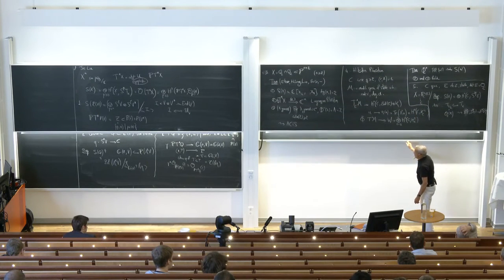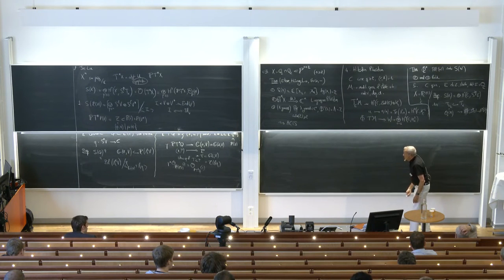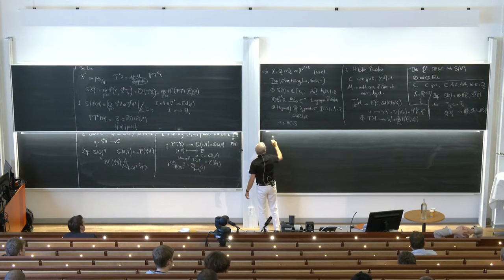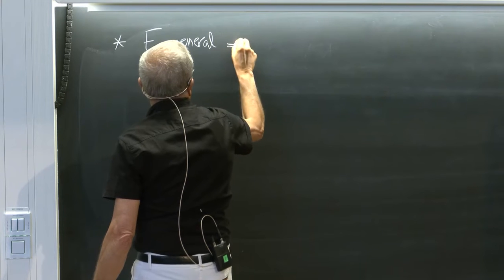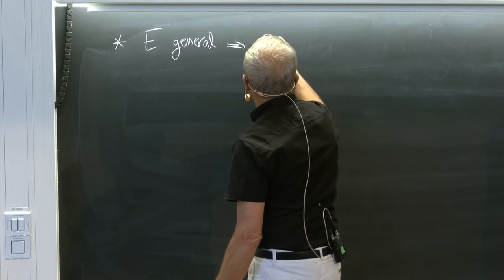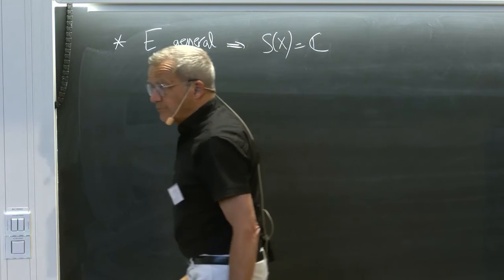Okay, so what are the consequences of this? First case, if E is general in the moduli space, this implies that S(X) is just trivial, it's just the constant.